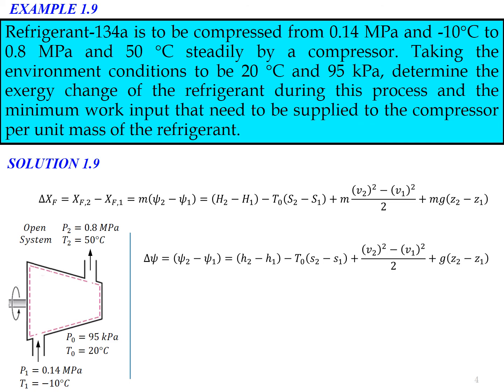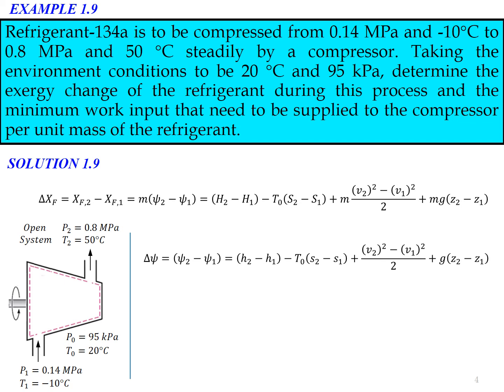Now because the system involved is refrigerant 134A, all the data that we need to determine to answer the question, we can determine by using the table. Okay, so if we use the capital letter symbol of H and S, we can determine the value easily.